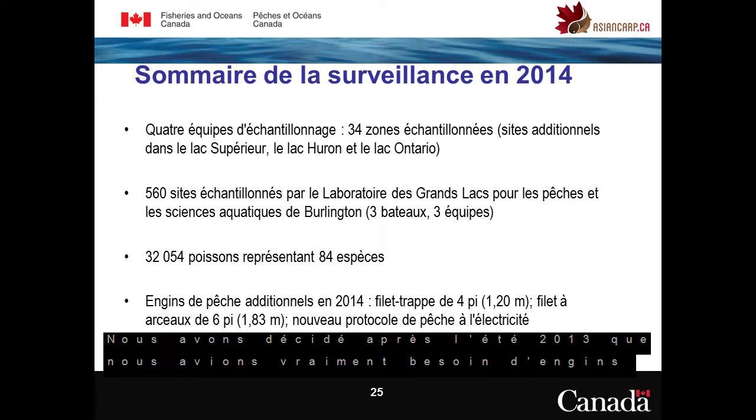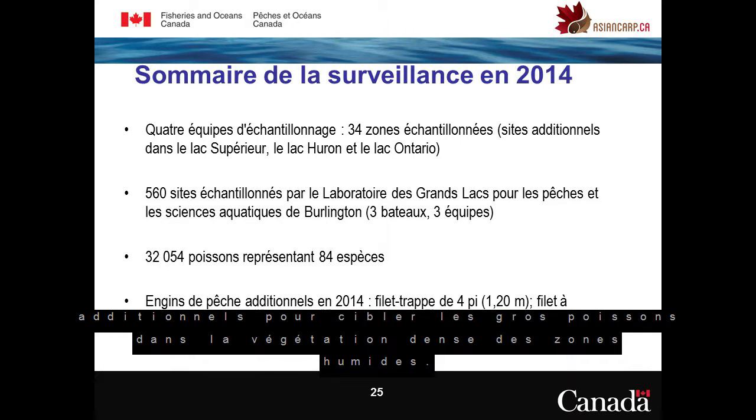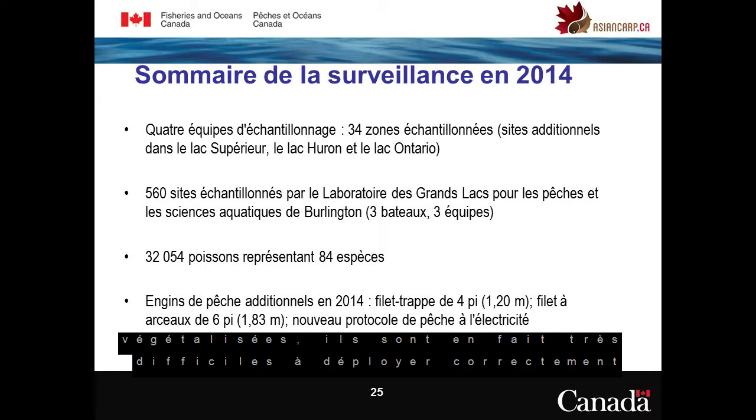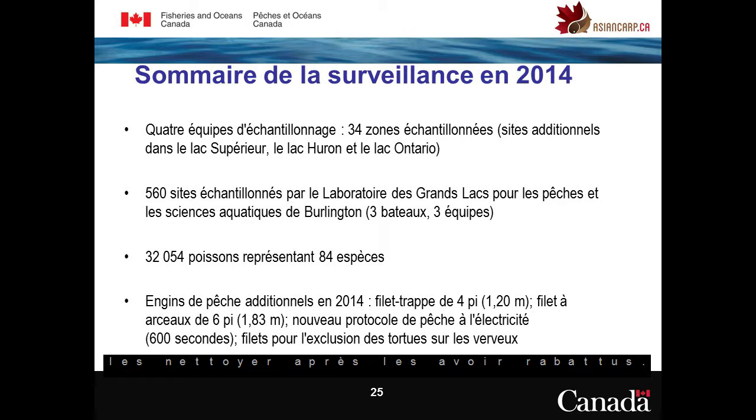So we decided after summer 2013 we really needed additional gears to target large body fishes in heavy vegetation in the wetland areas. So although we can set the trammel and gill nets in these vegetated areas, in the heavy vegetation they're actually really difficult to deploy properly, and they become a real nuisance when we're having to pick them clean when we're pulling them in.